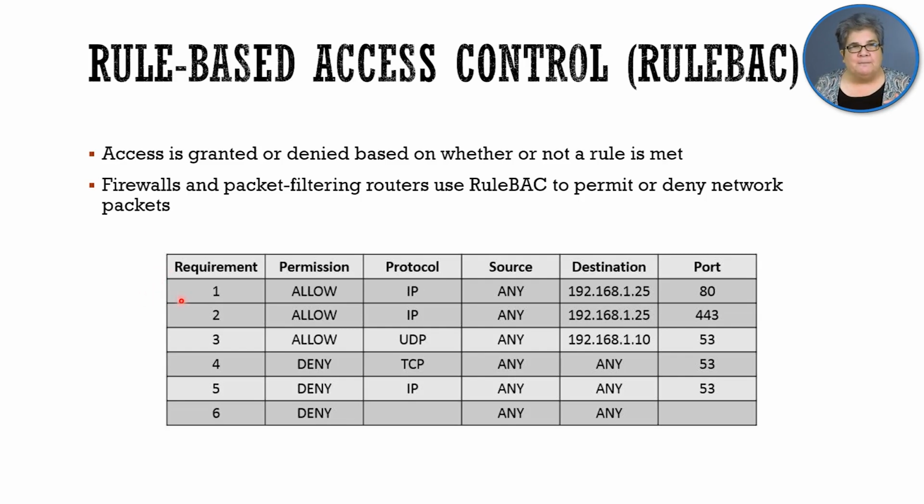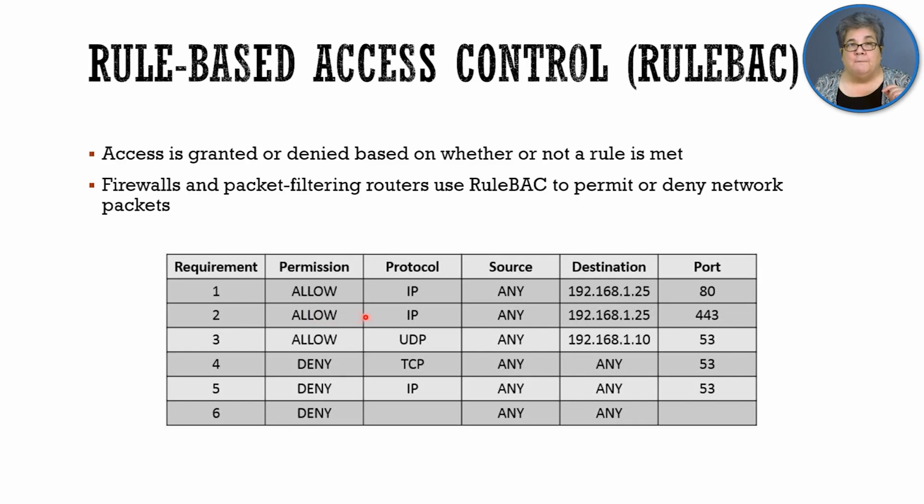So in comes a packet, and the firewall is going to check the packet. You will be allowed to go through if you're using IP, coming from anywhere, but going to a specific destination using a specific port, port 80. If you meet that rule, go on your merry way. Go on through. If you don't meet that rule, let's try the next rule.